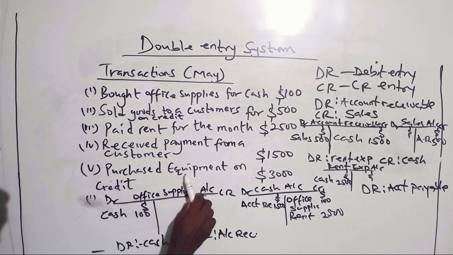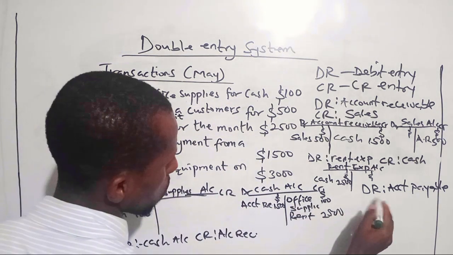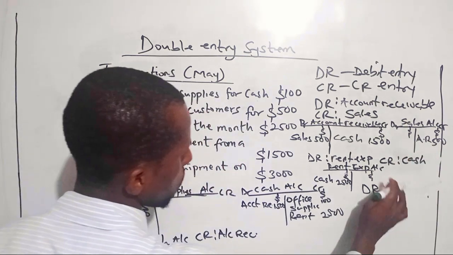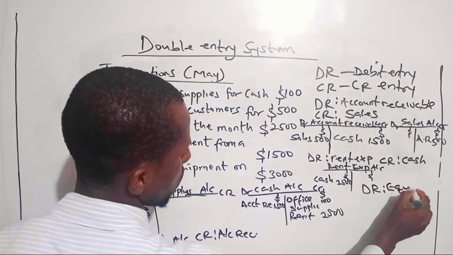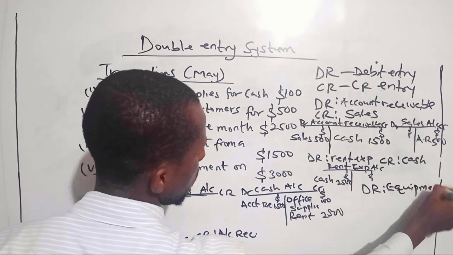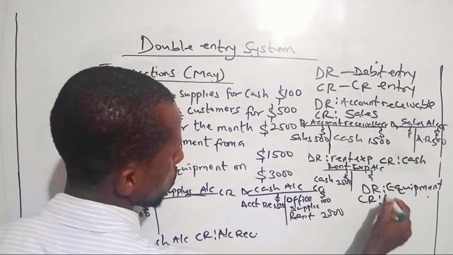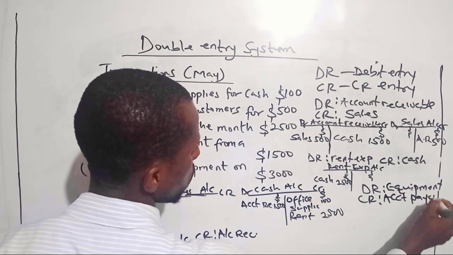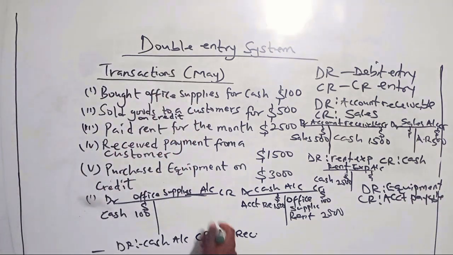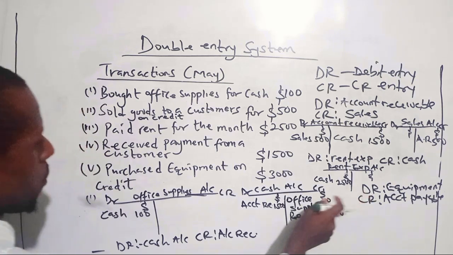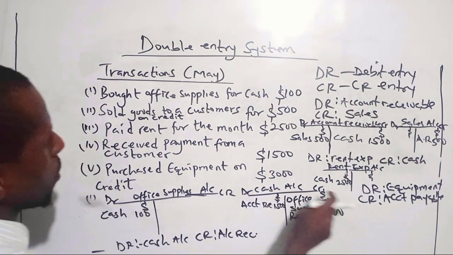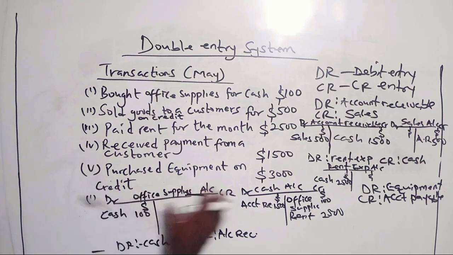We debit the equipment account, and we credit accounts payable. So here we can now open two sets of accounts, one for equipment and one for accounts payable.